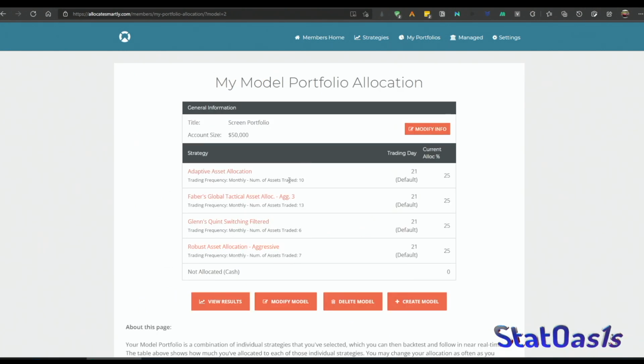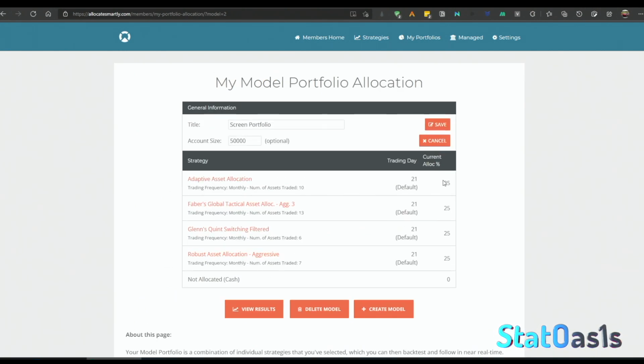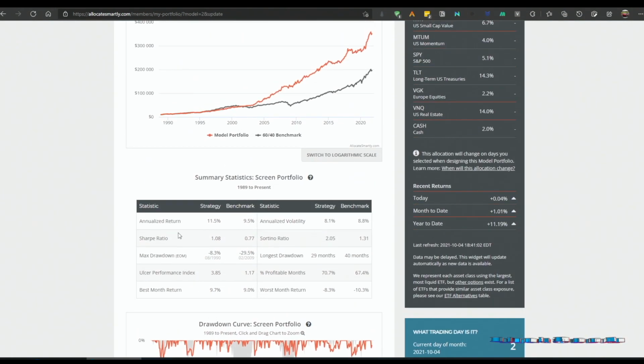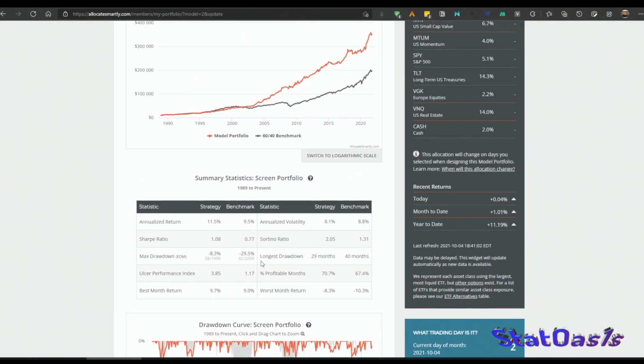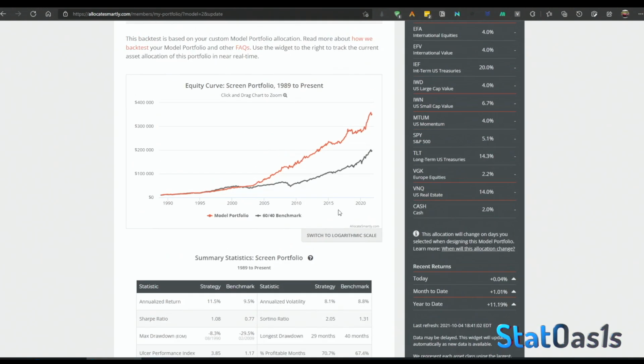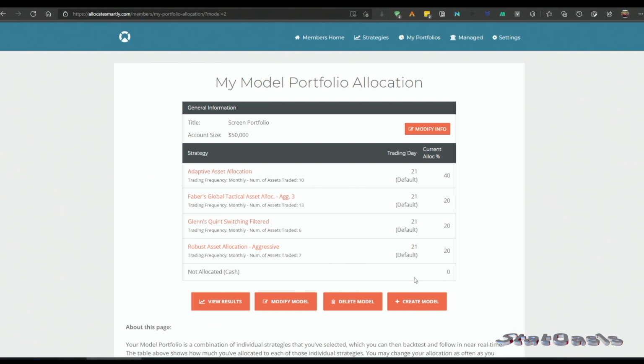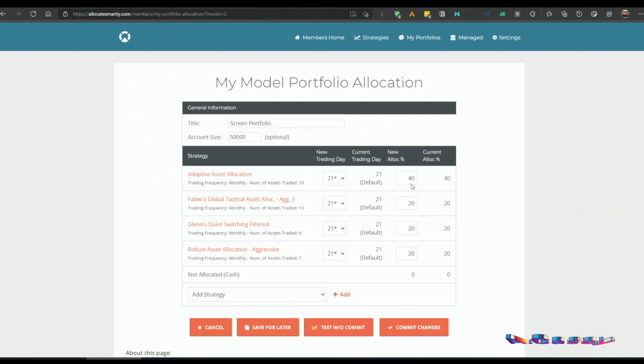But let's say I want to change that. Even if I still want the same portfolios, I can change the allocation per portfolio. For example, I can give the adaptive asset allocation 40%, and then 20, 20 and 20. Now my KPIs change based on that allocation. Of course, I can also trade each model on its best trading day.